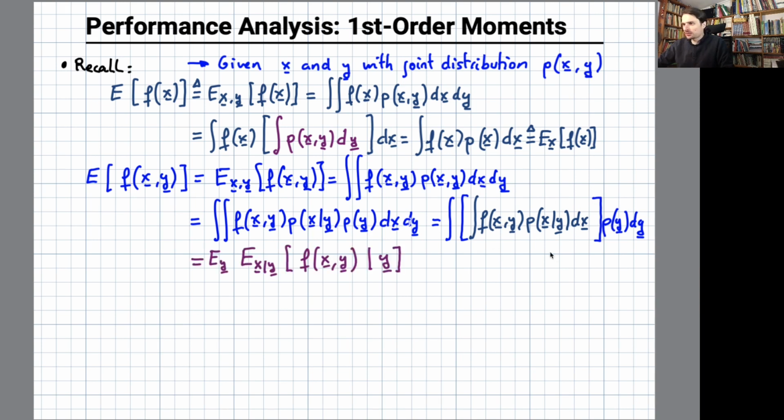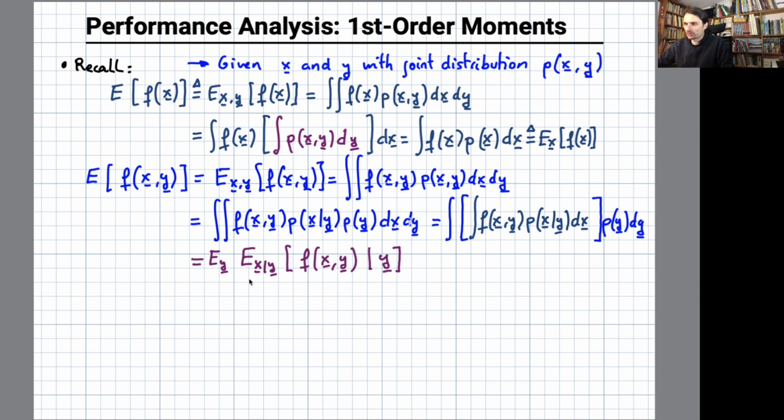And it is now easy to recognize that this inner integral is nothing but the conditional expectation of f of x, y given y, right? And what we have here written in blue is just the expectation of the inner integral with respect to y, right?